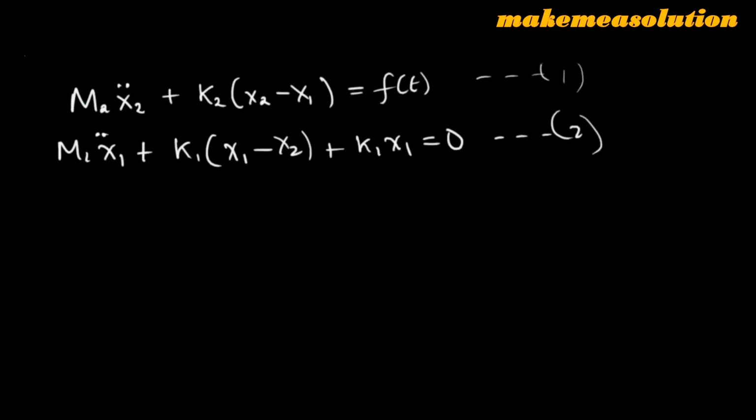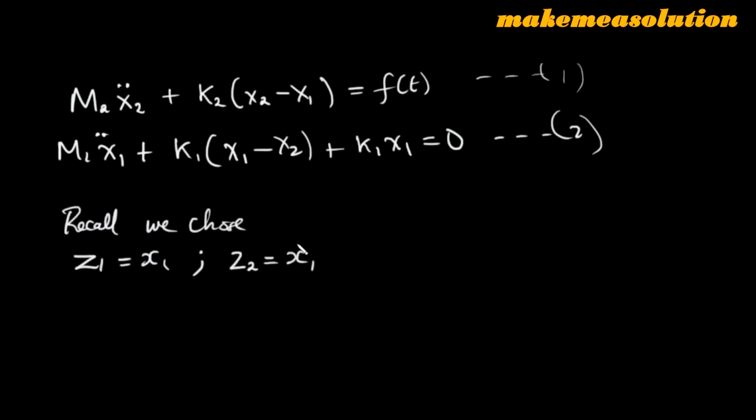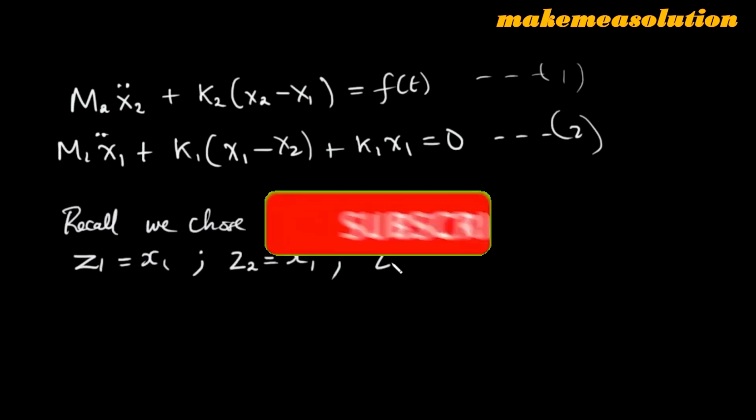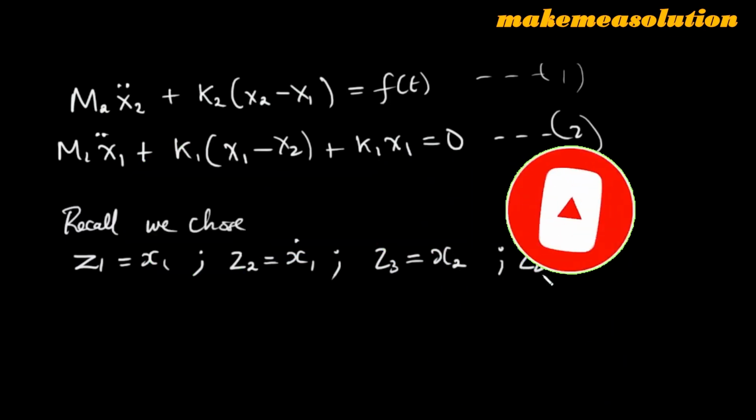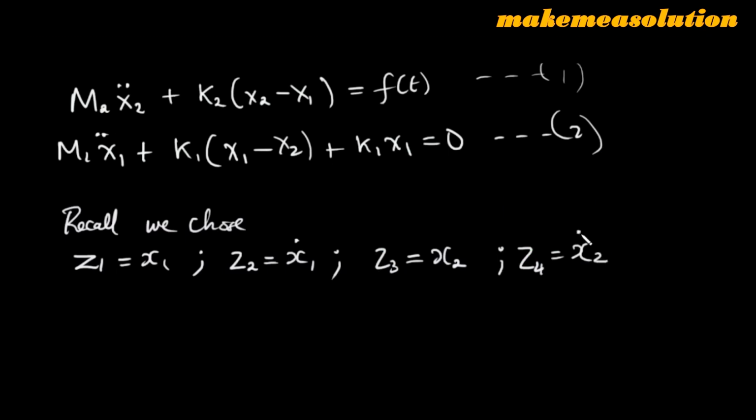To solve this problem, you need to recall that we chose z1 to be x1, we chose z2 to be x1 dot, we chose z3 to be x2, and we chose z4 to be x2 dot.